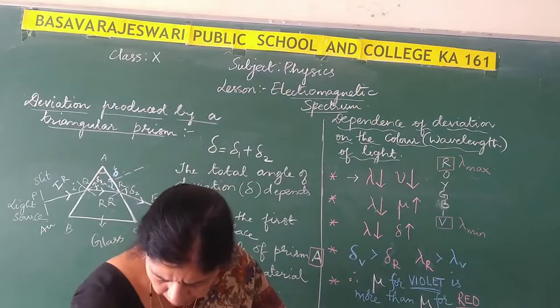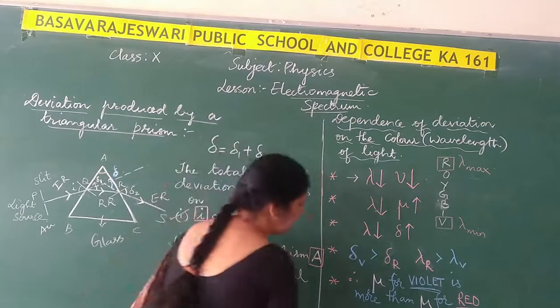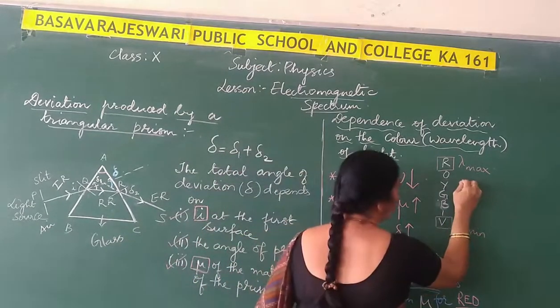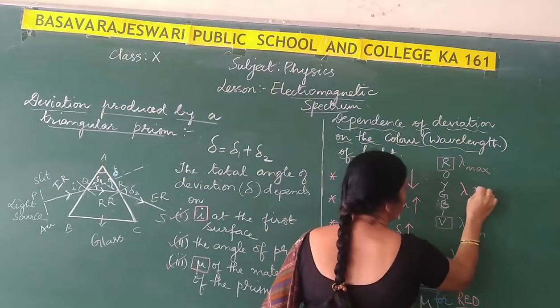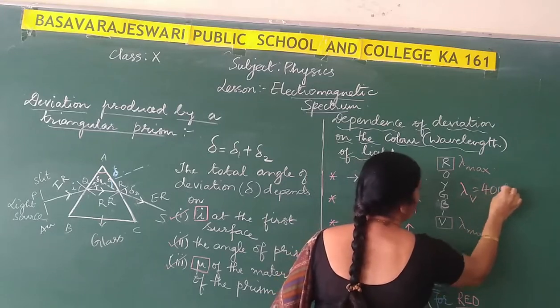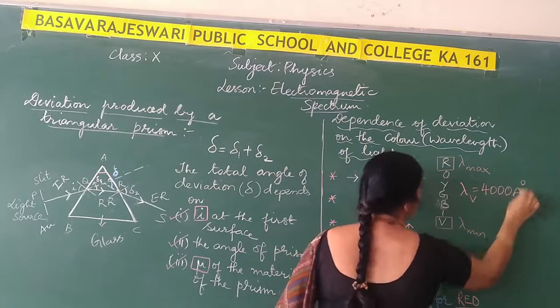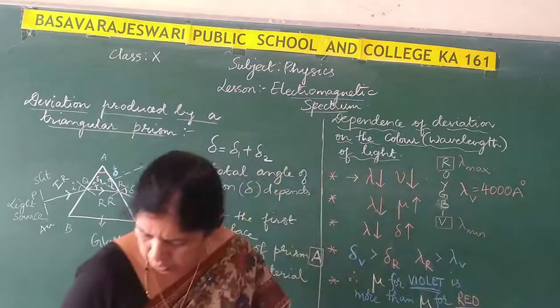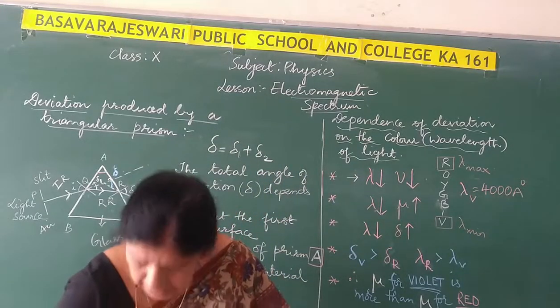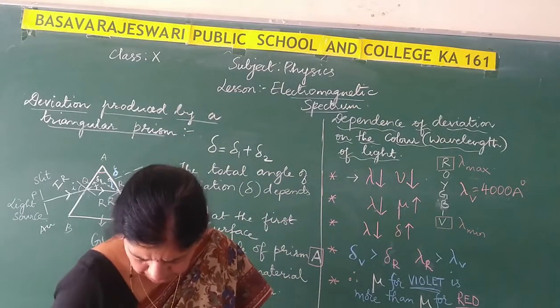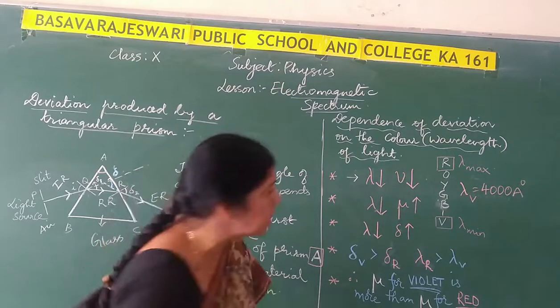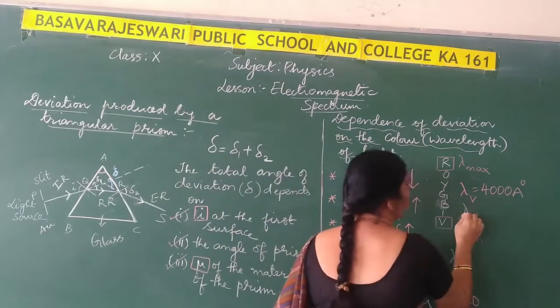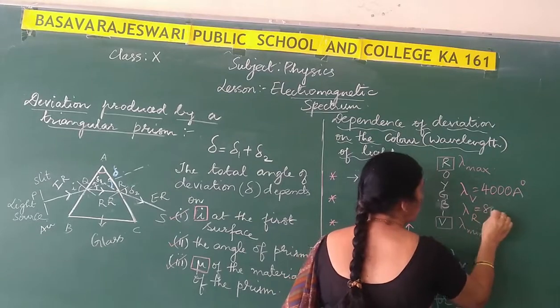And what is the wavelength of violet light? The wavelength of violet light is nearly 4000 angstrom units. Okay. So 1 angstrom unit is equal to 10 to the power minus 10 meters. Next, what is the wavelength of red light? The wavelength of red light is 8000 angstrom units.